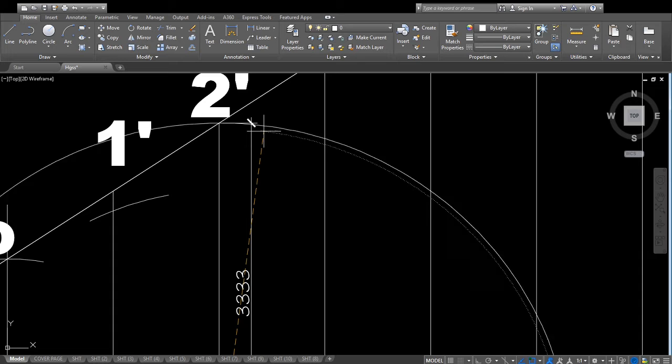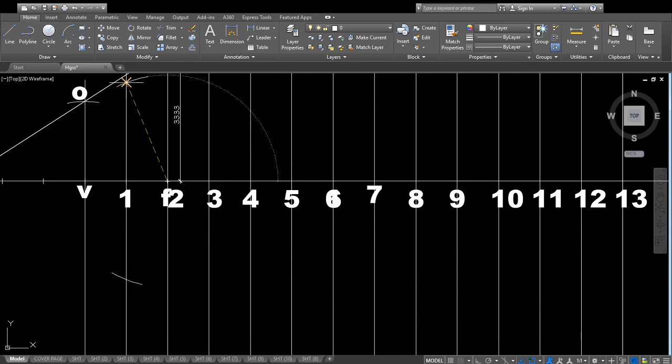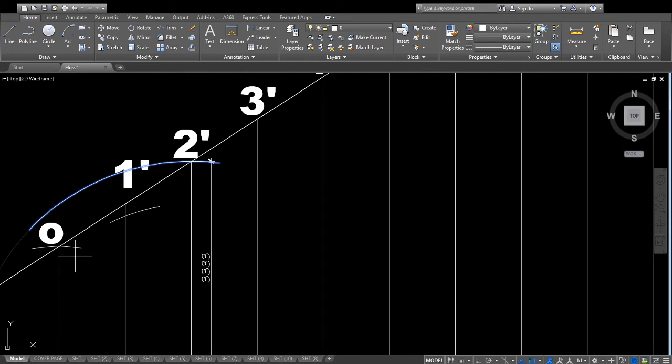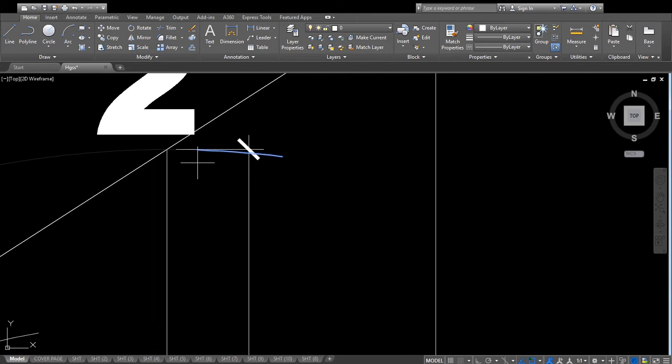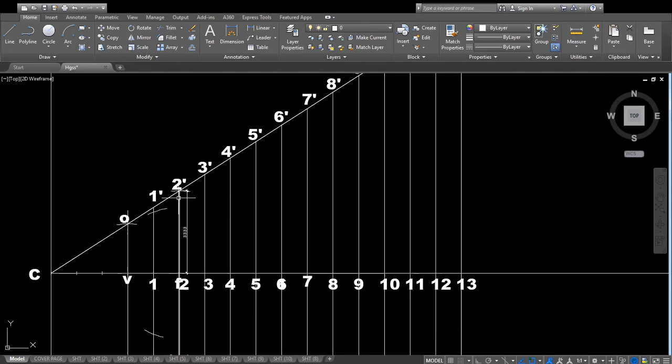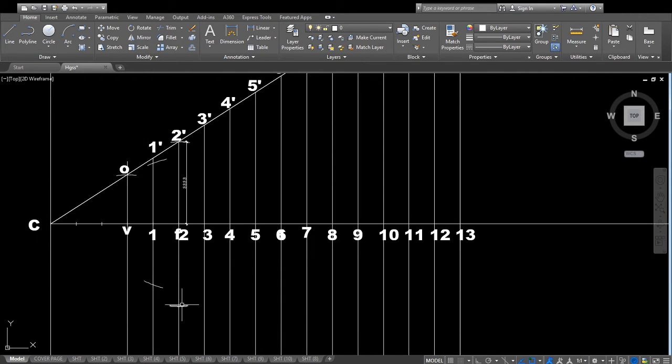I will enter, and it will allow me to make this arc this way down to this point. Then I'll go and modify it. Okay, so I have this point here and I have it here.